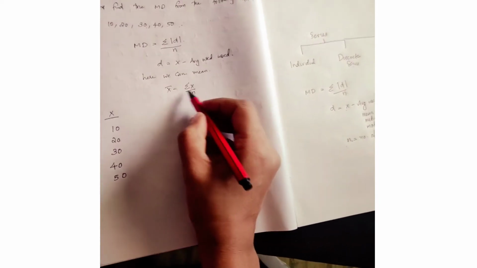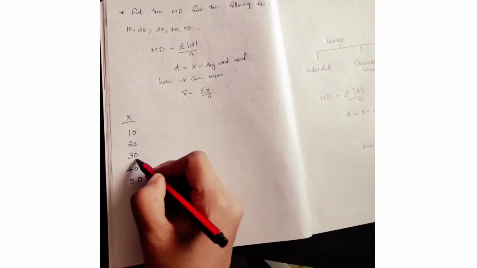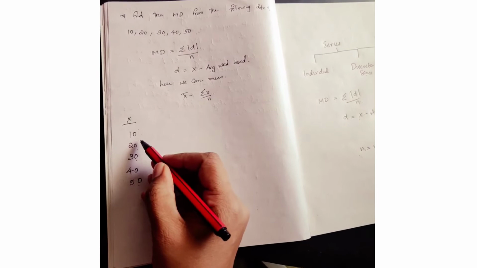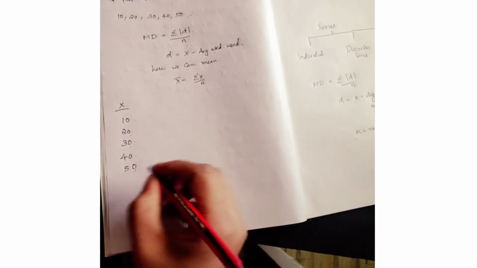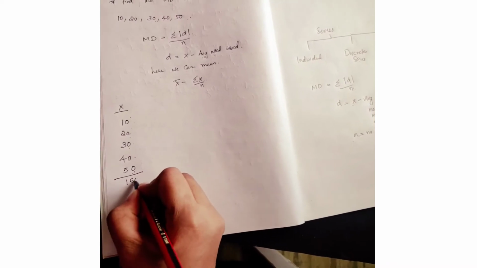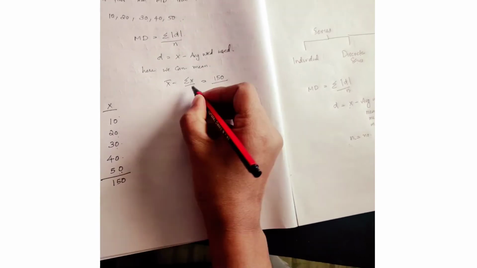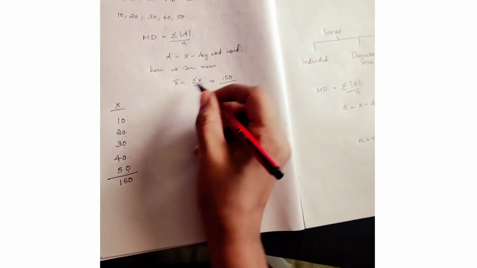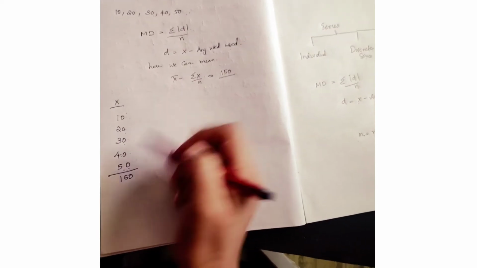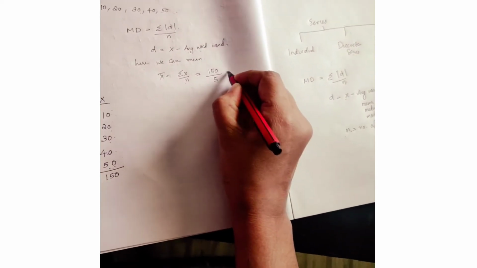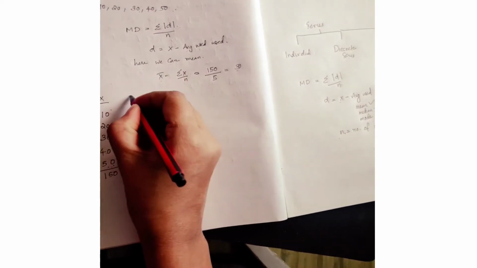Sigma x means the sum total of x values, that is 10 plus 20 plus 30 plus 40 plus 50, which is equal to 150. Then n denotes the number of items; here there are 1, 2, 3, 4, 5 items. So 150 by 5 is equal to 30. So the mean is 30.